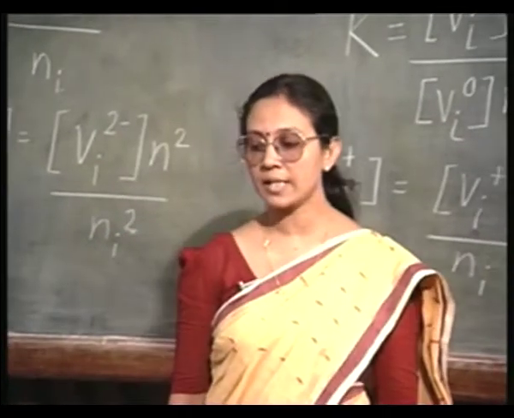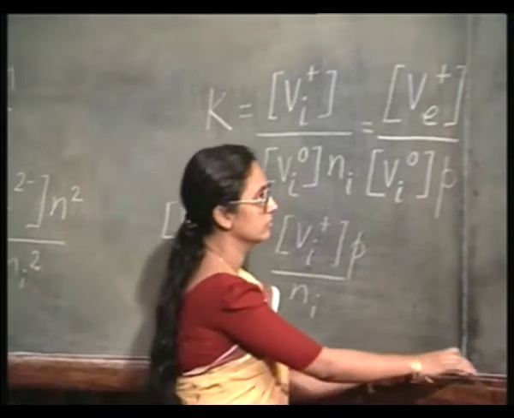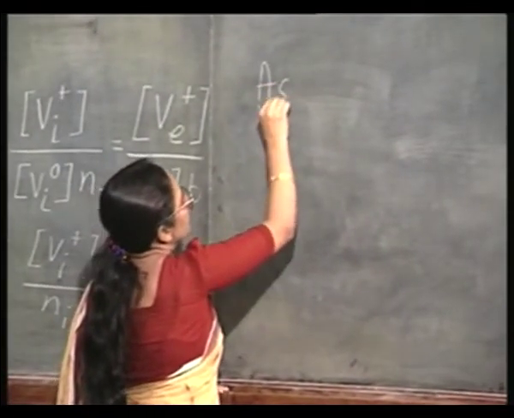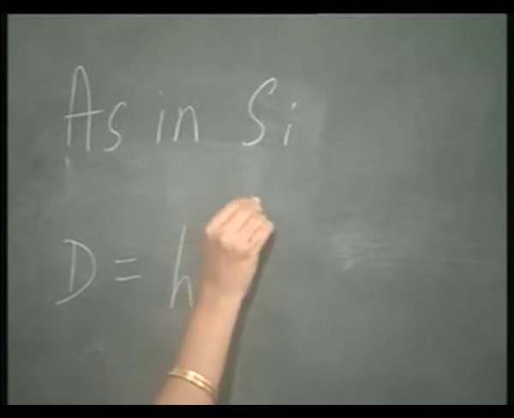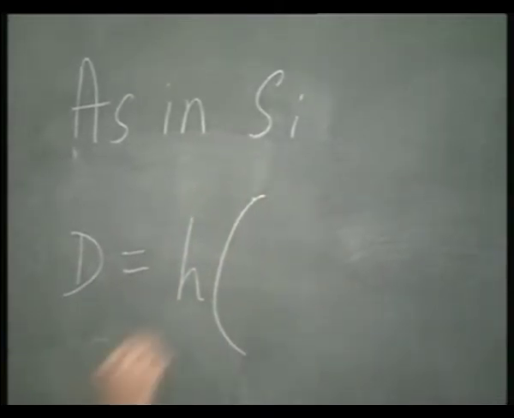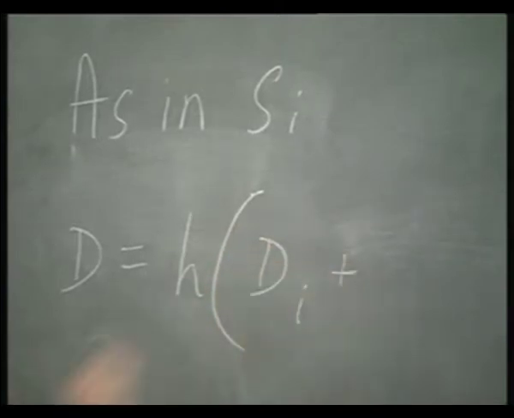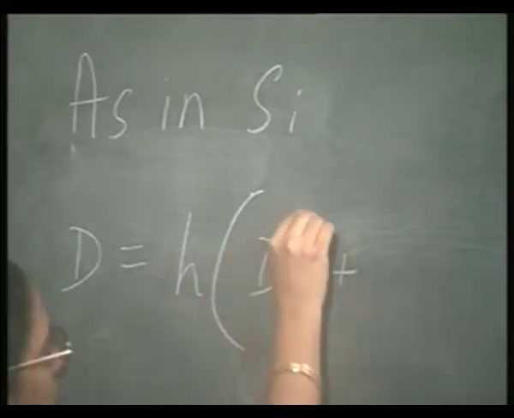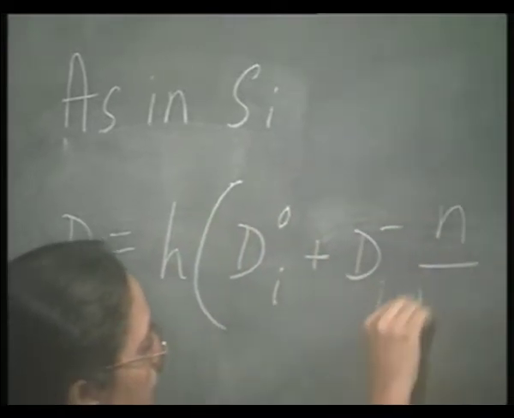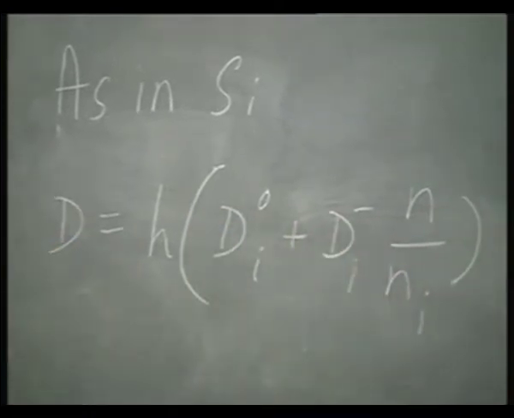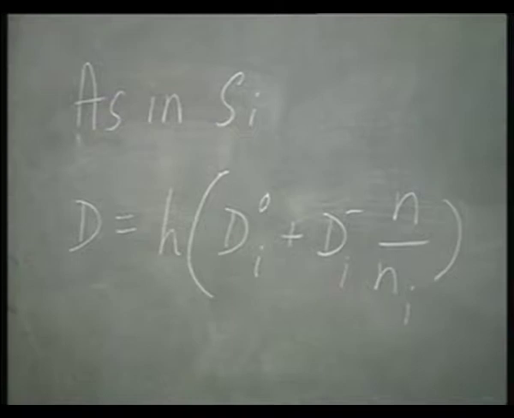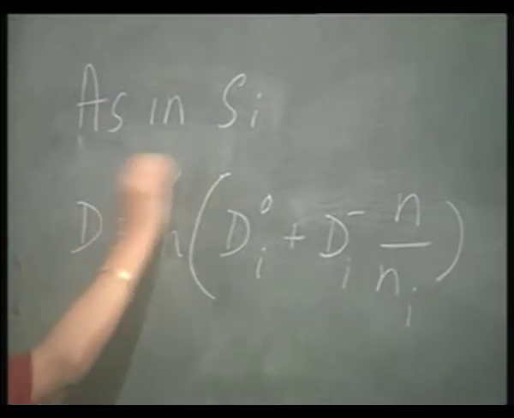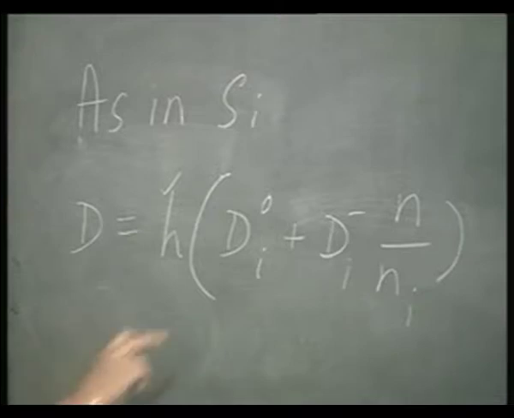So, in case of arsenic doping in silicon, the effective diffusion coefficient D is given by, there is the field aided factor H, and then you see I have two terms in the diffusion coefficient.